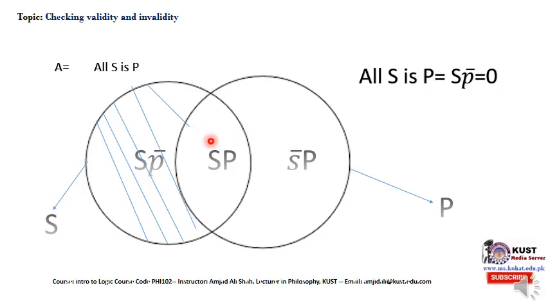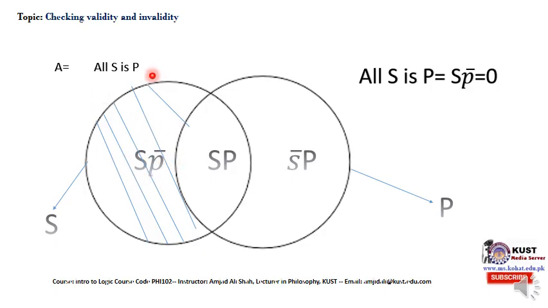To recap, we have the diagrammatic representation of All S is P, a universal affirmative, like all Americans are farmers or all human beings are mammals. We showed it in the previous lecture.